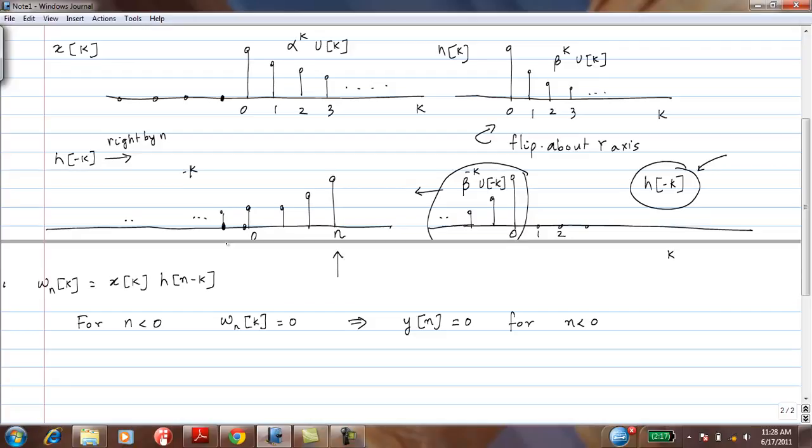And what is this signal now? This signal is actually beta to the minus k minus n, which is actually beta to the n minus k. Okay. Now what we need to do is multiply these two signals together.